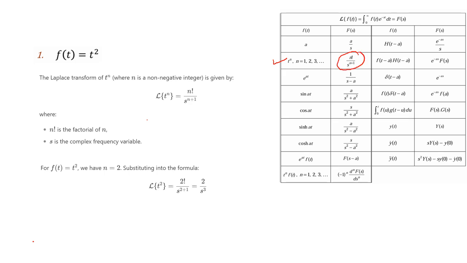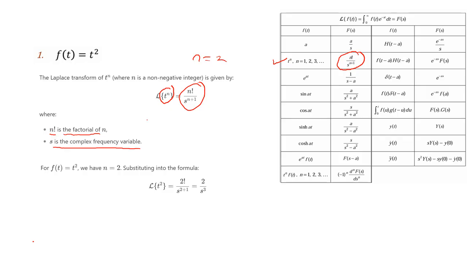Hence, the Laplace transform for t^n, where n here is equal to 2, will be shown as n! divided by s^(n+1). So n! is the factorial of n, and s is the complex frequency variable.